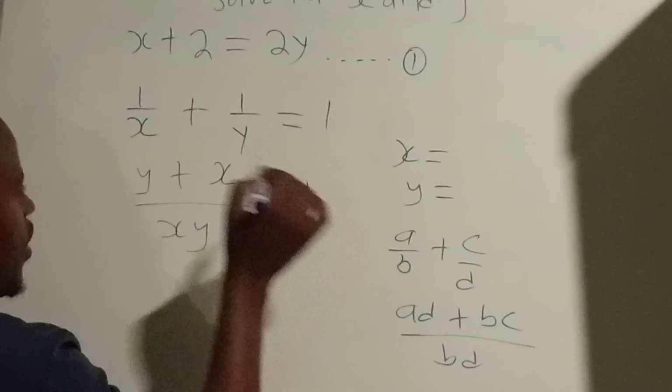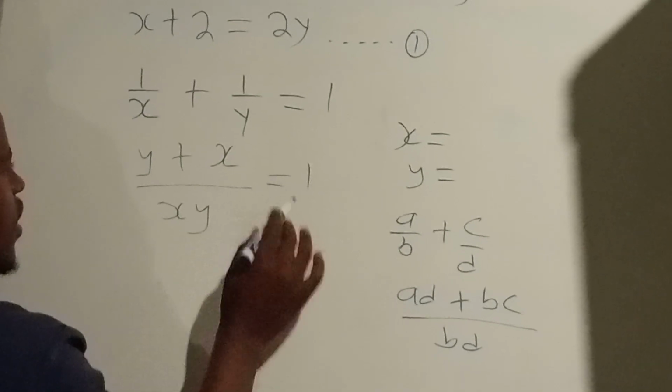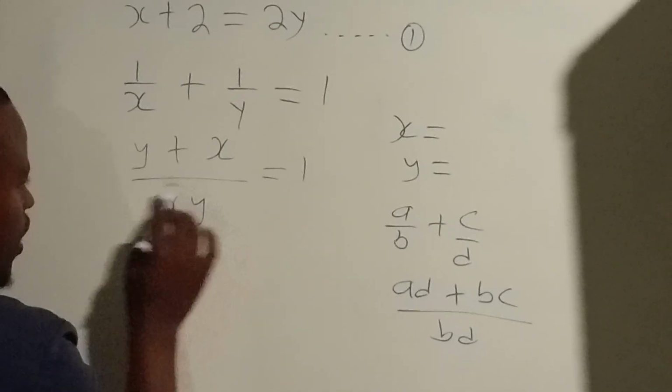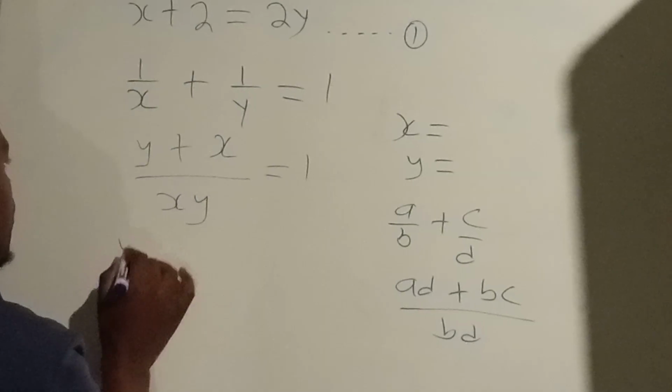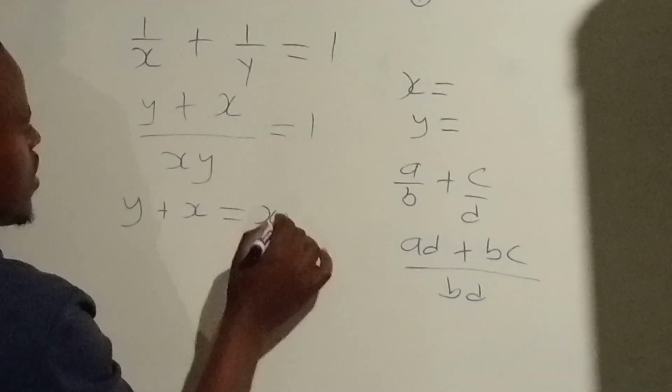But this side we have 1. So how do we get rid of this fraction? You must multiply the denominator with the 1 on that side. That means I'm going to have y + x = xy.